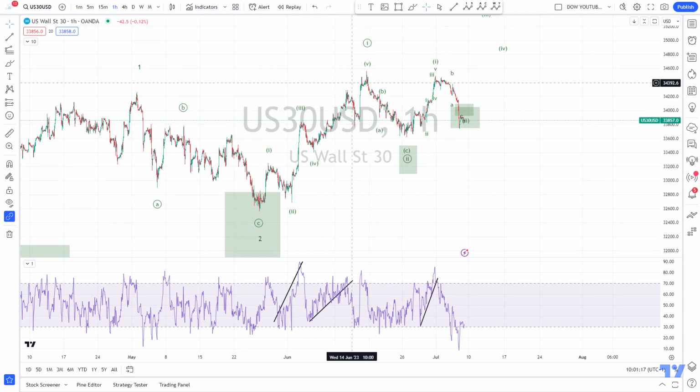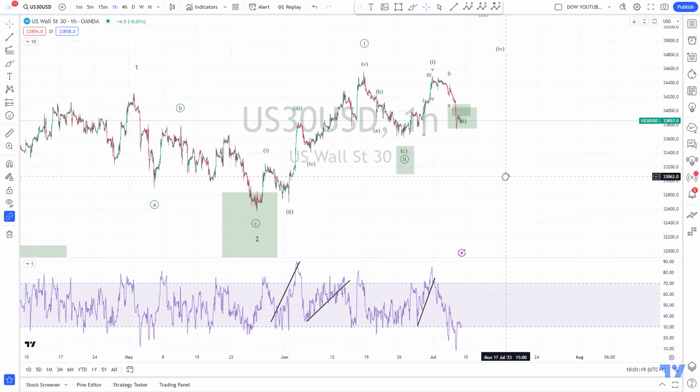This structure is complete. And then we had a pullback. We tried to buy this pullback, but we didn't reach the area here, or wave C area, so we missed this trade. And from here we went up again.